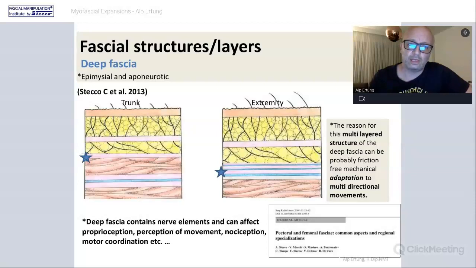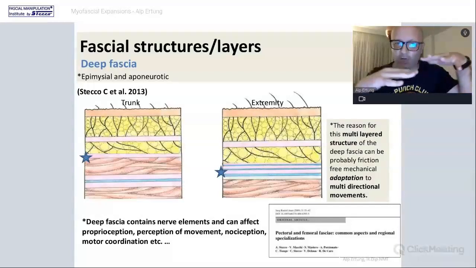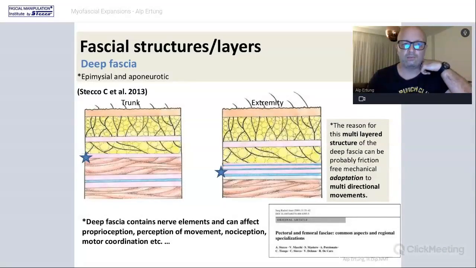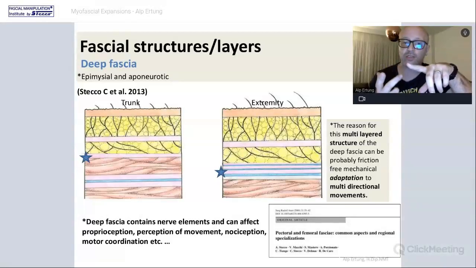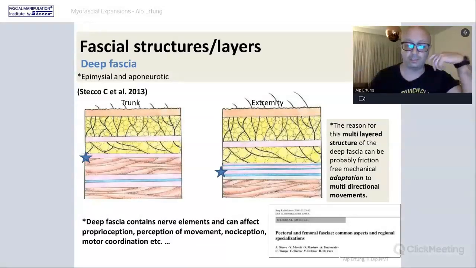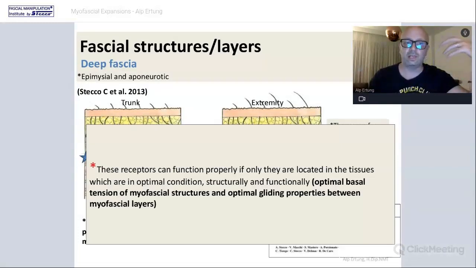And also, as I mentioned before, deep fascia contains nerve elements, even though it has different structural features here. It can affect proprioception, perception of movement, kinesthesia, motor coordination, nociception, etc. But these receptors can function properly only if they are located in tissues which are in optimal condition, structurally and functionally.